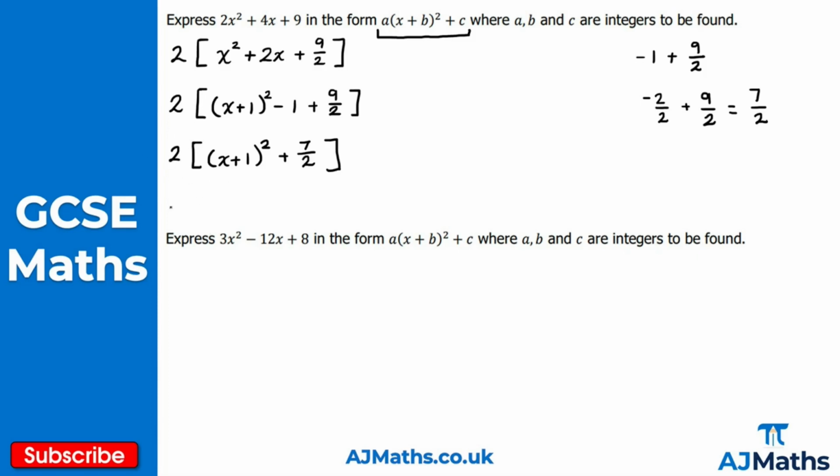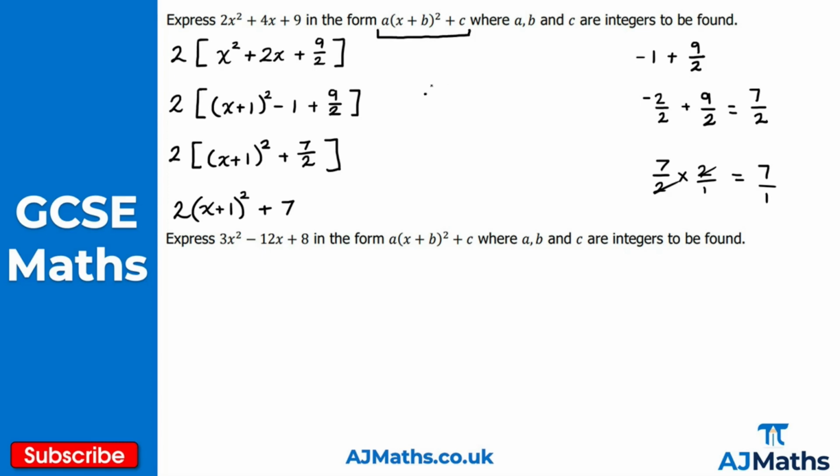So we get 2 lots of x plus 1 all squared, and then 7 over 2 times 2. The 2's just cancel, and I'm left with 7. We get plus 7, and at this point, notice that this is the correct form.